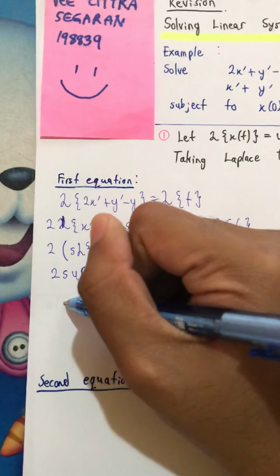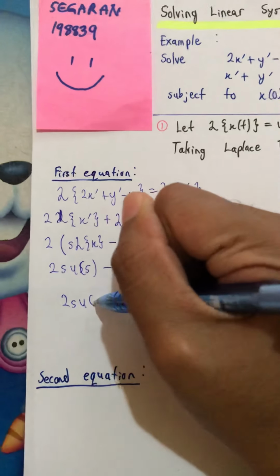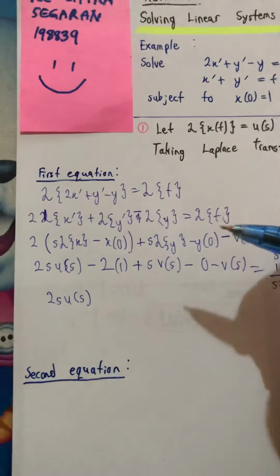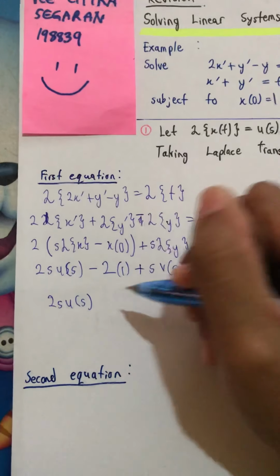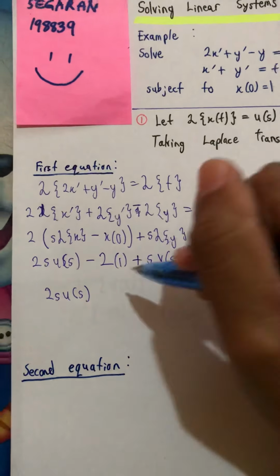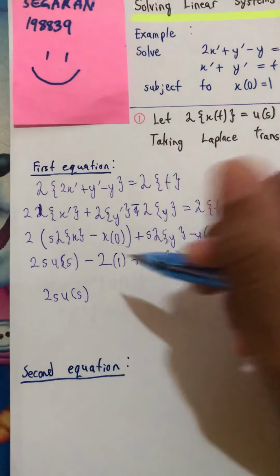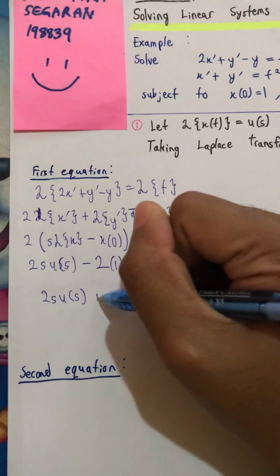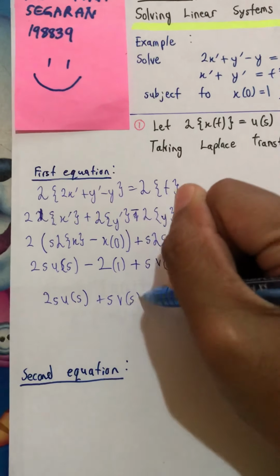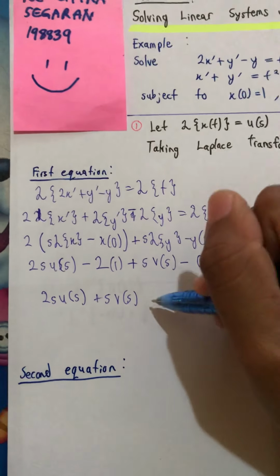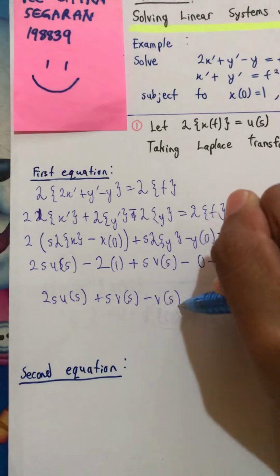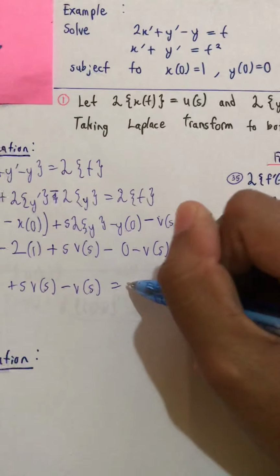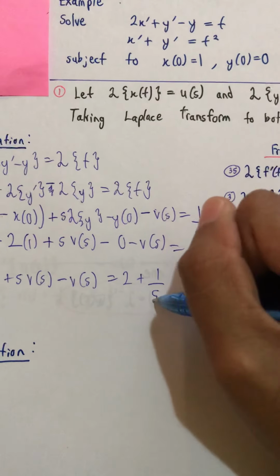So we get 2s U(s) plus, here we get 2, which we can move to the right side, so we get plus s V(s) minus V(s) equal to 2 plus 1 over s squared.